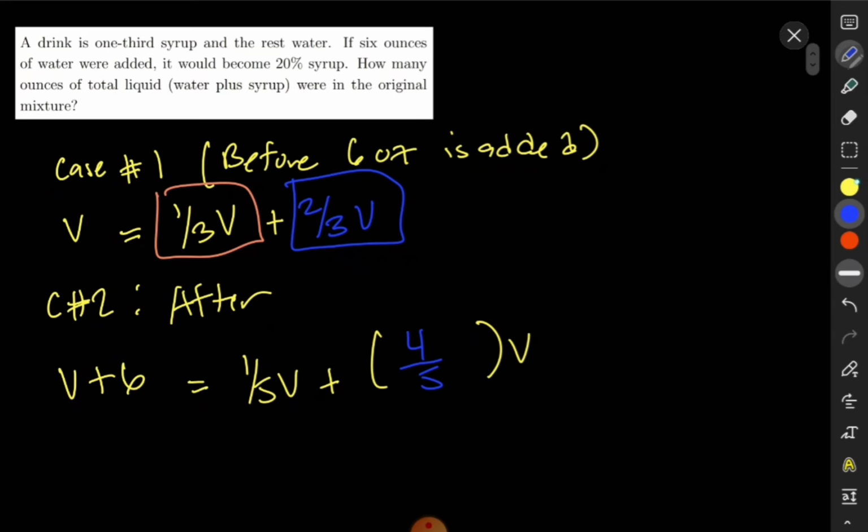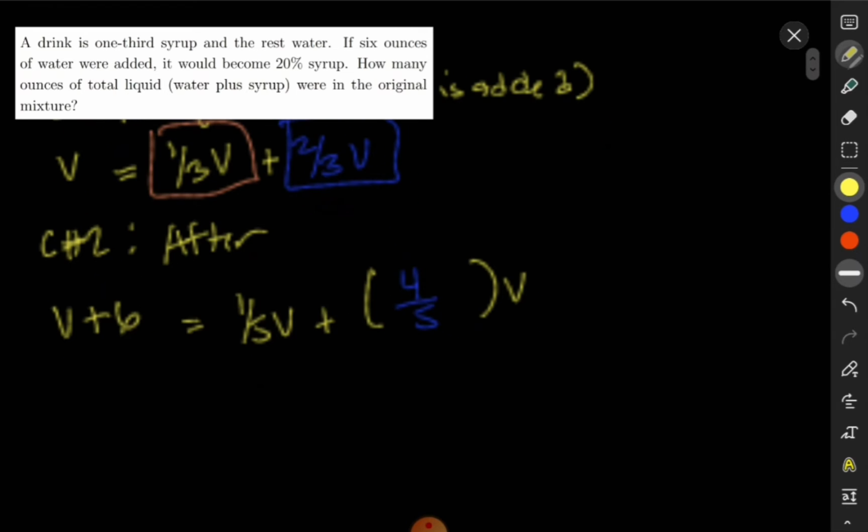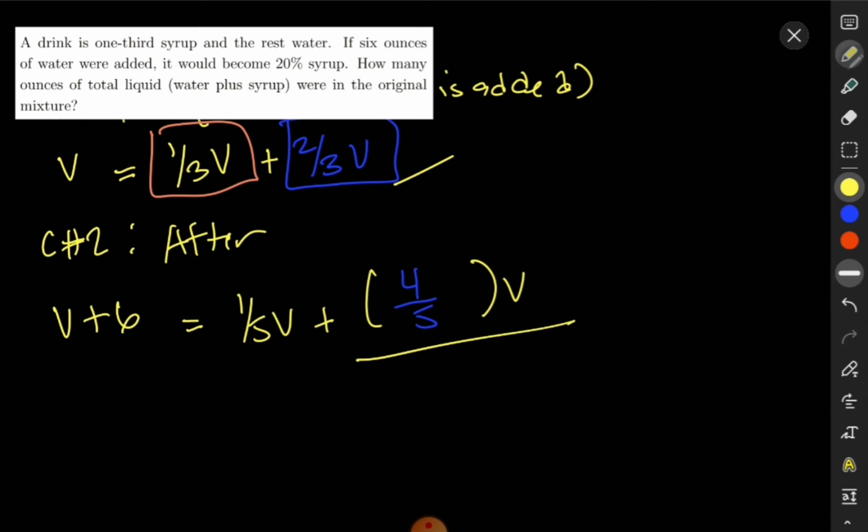So we're just going to focus on water. Since I'm adding 6 ounces of water to the mixture, obviously the percentage of syrup decreases, so the mixture becomes more diluted. Now I'm just going to grab these values.